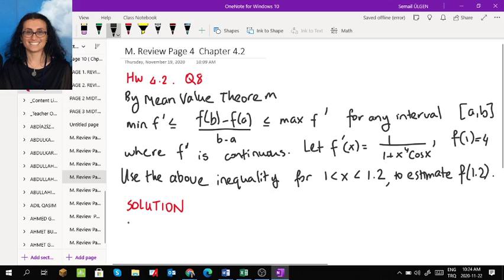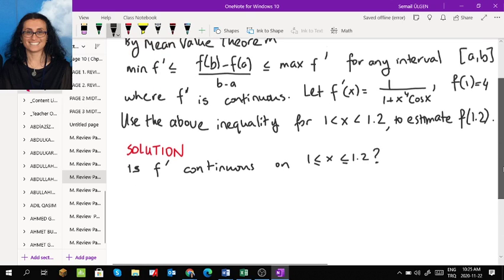The question is, is f prime continuous on 1 to 1.2? And the answer is, remember cosine x.